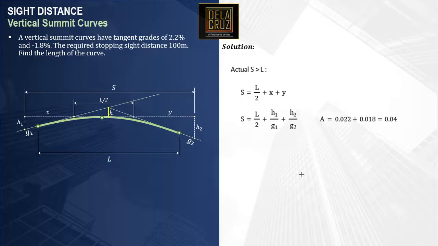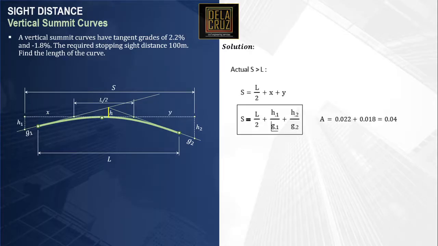H2 is constant. Therefore, S, G1, and G2 are variable there. Remember, we cannot use directly 2.2% and 1.8% here. The constant for the grades would be their difference, I mean the angle between the tangents. This is actually the angle between the tangent grades.